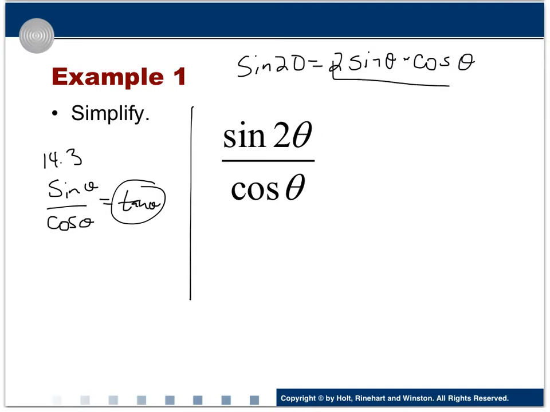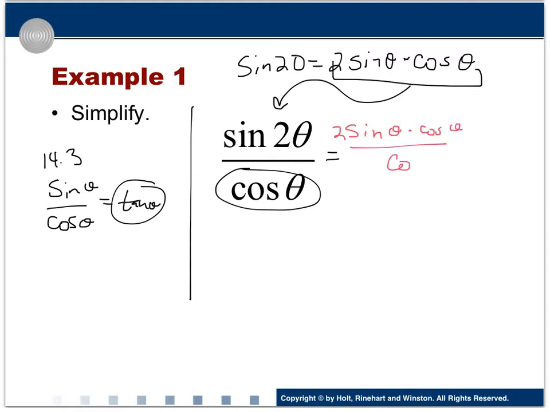So I'm going to take this and substitute it in, because I see that if I know my formulas, the cosines are going to eventually cancel out. So I plug that in, and I get 2 sine of theta times cosine of theta, all divided by cosine of theta. Well, I see that the cosines are the same, so this is going to reduce to 2 sine of theta.